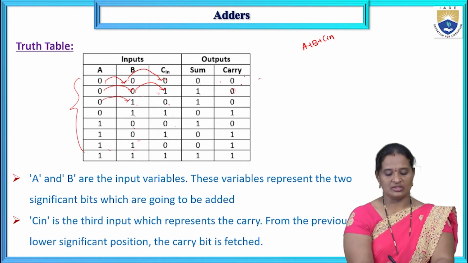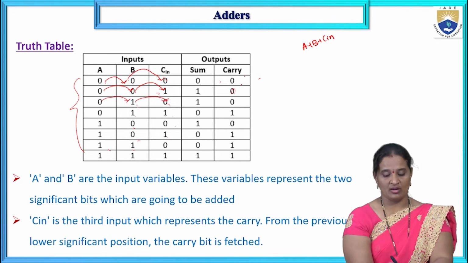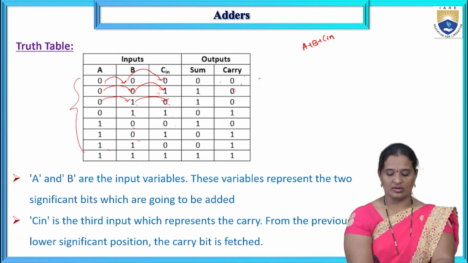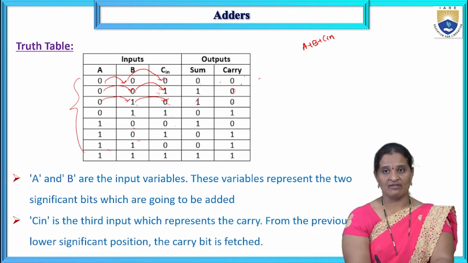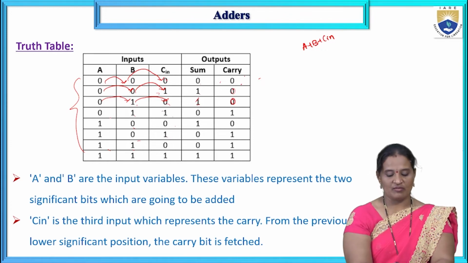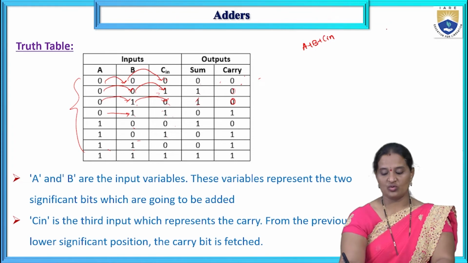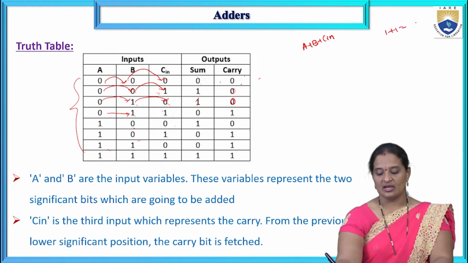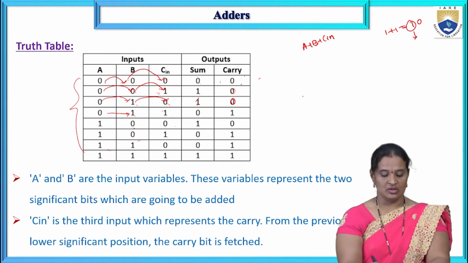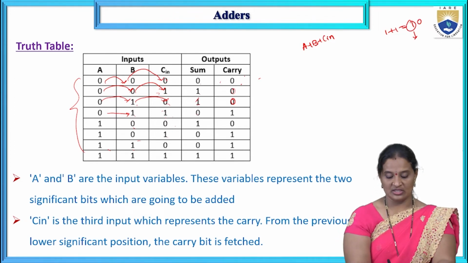Now 0 plus 1 plus 0 is 1. Sum is 1, no carry, so carry output is 0. Now 0, 1, 1: 0 plus 1 is 1, 1 plus 1 produces sum output 0 and carry output 1. So 1 plus 1 is 0 with a carry 1. Sum is 0 and carry is 1.